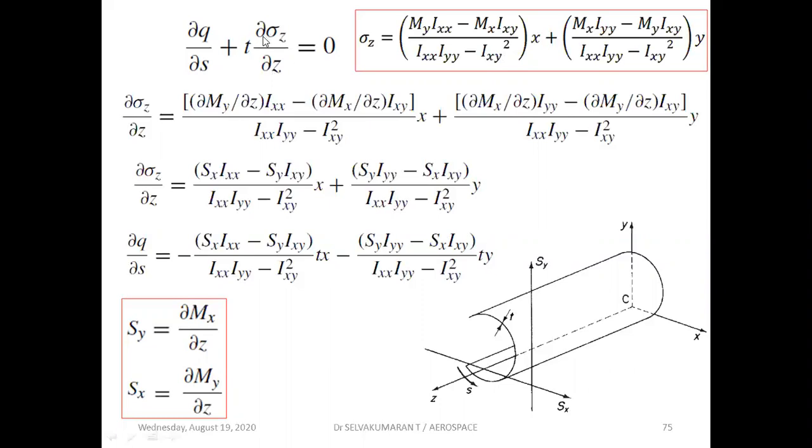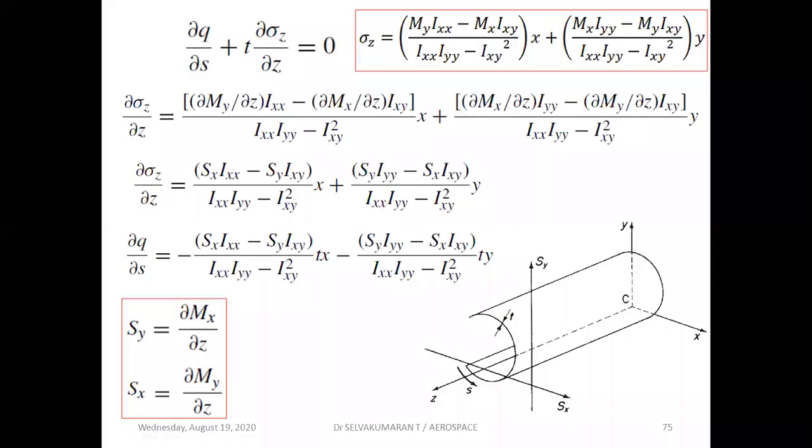Taking dou by dou z of sigma z, we get dou My by dou z into Ixx minus dou Mx by dou z into Ixy, divided by the same denominator, into x, plus dou Mx by dou z into Iyy minus dou My by dou z into Ixy, divided by the denominator, whole multiplied by y.